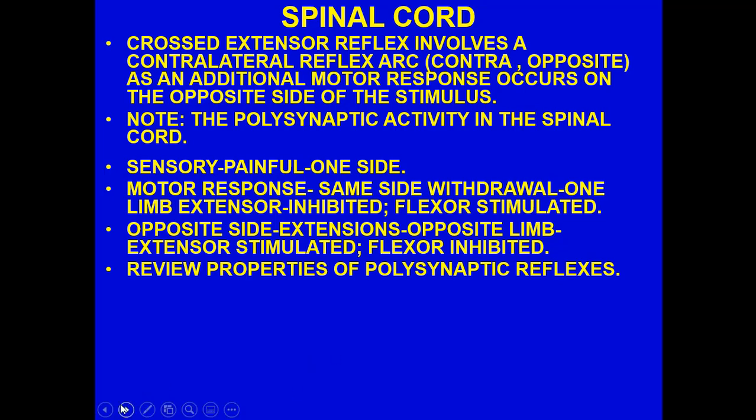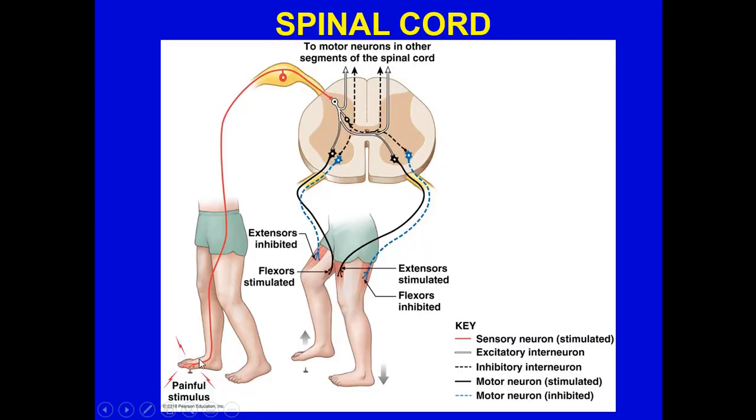This is where you need to review these. Let me give you an example. I stepped on a tack. Ouch! Here's the sensory information going up to the spinal cord. Now here is where you have this polysynaptic pathway, 1, 2, 3, 4, 5, 6. Information is obviously going up other segments of the spinal cord and may go into the brain, sort of like a realization afterwards.